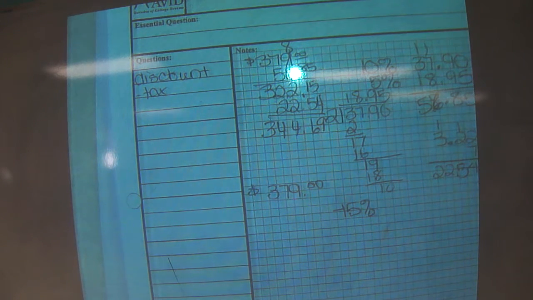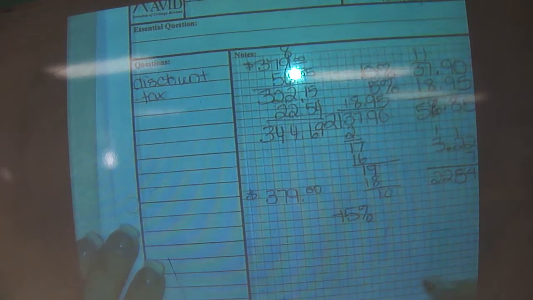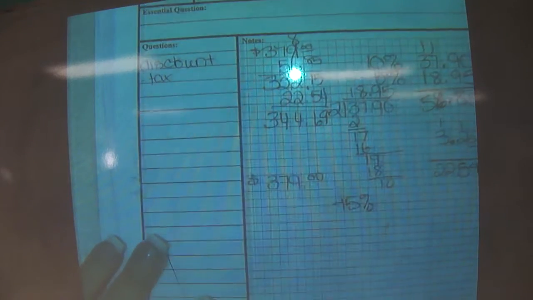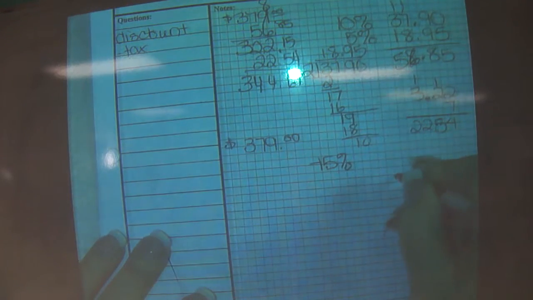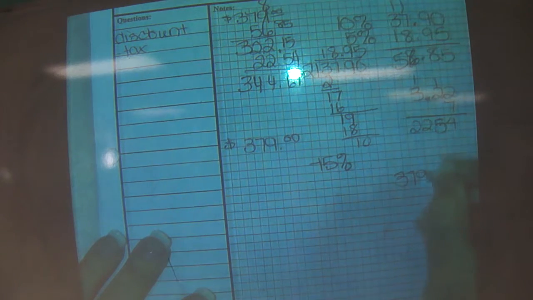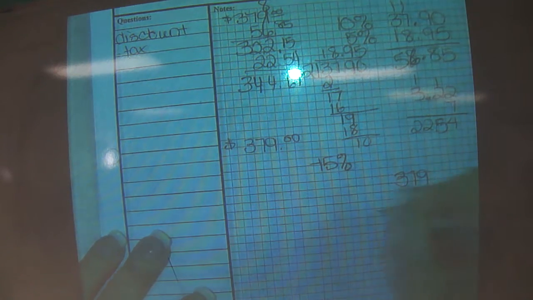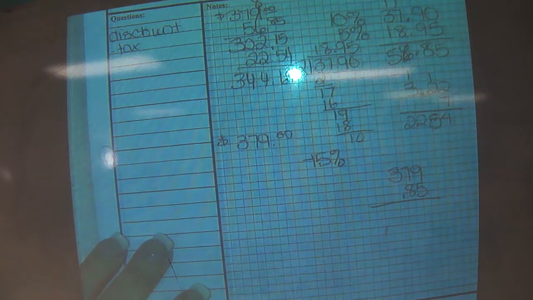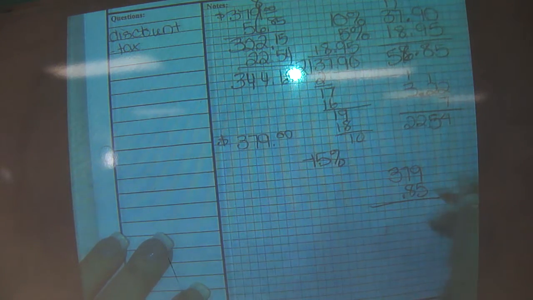How much are we going to be left paying for? 85%. Multiply 379 times 0.85, because that's what's left that you're going to pay. 379 times 0.85 is going to be $322.15.